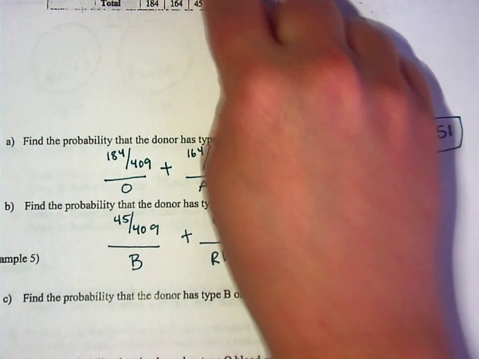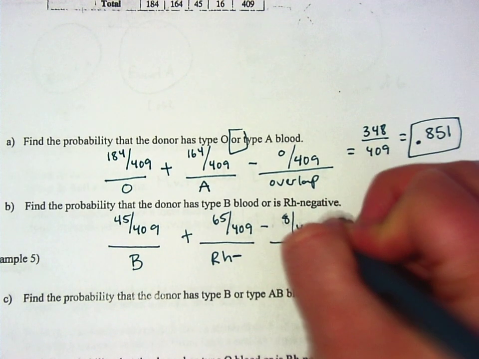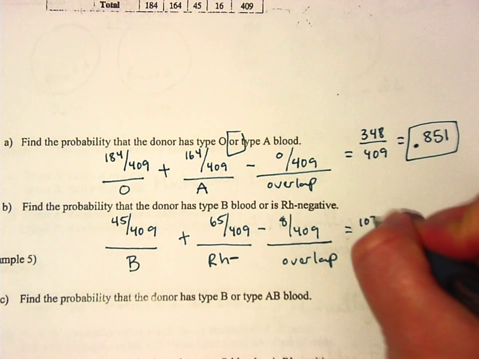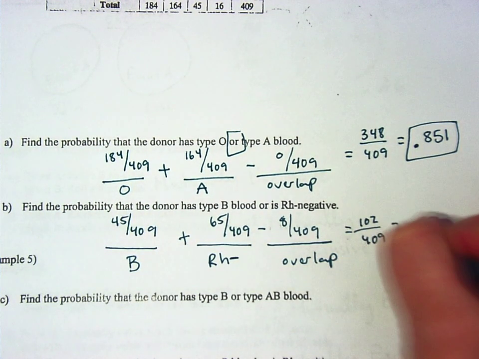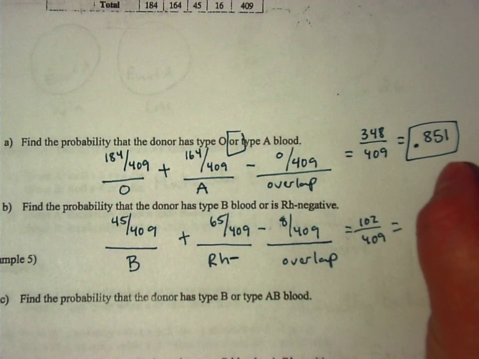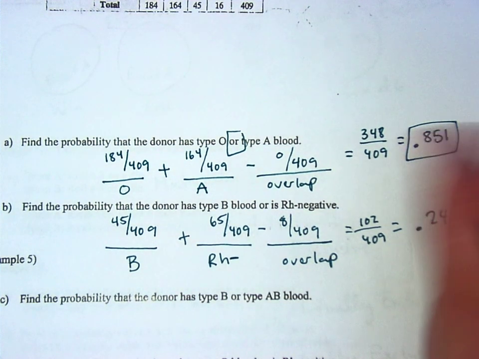Let's see. B negative, yep, 8. So you're going to take 45 plus 65 and subtract 8, and that is 102 over 409. And if you divide those two, probably almost exactly 4.249.